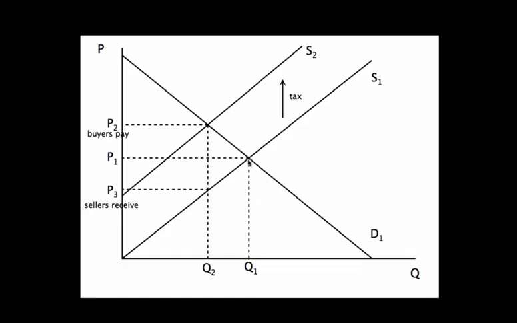Sellers would like to be able to pass on this entire tax to buyers, but this market will not allow them to do that because the demand curve is downward sloping. Sellers might get together and say, let's just put the price up here because we're going to pass on the full tax.